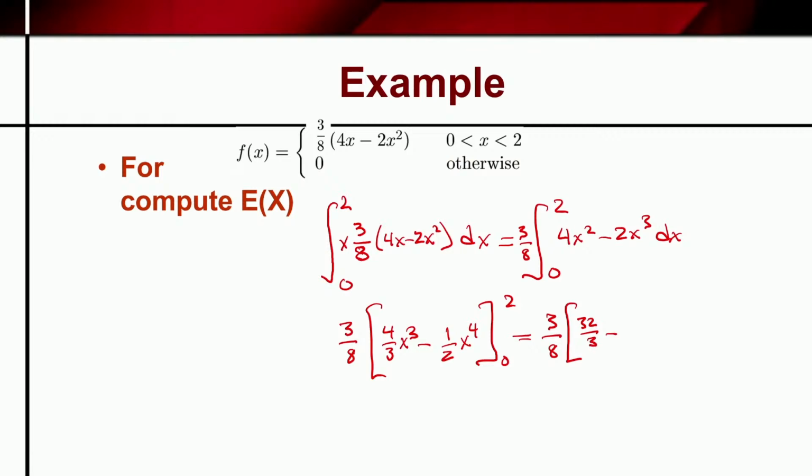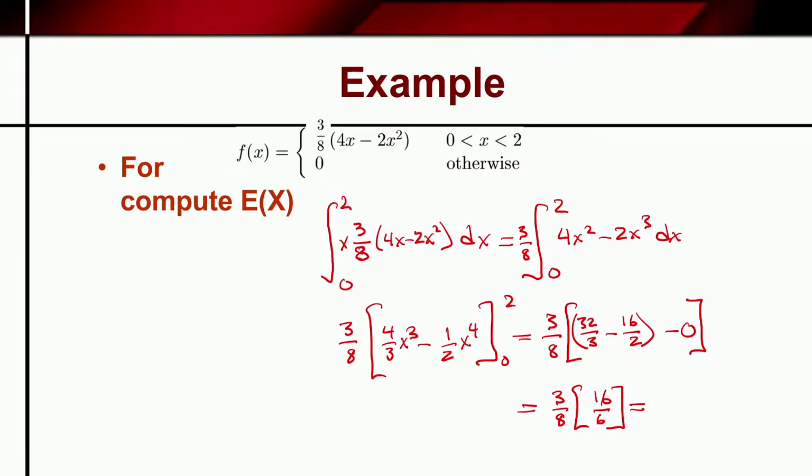Then x to the 4th, that's 16. And the lower limit happens to be 0. So 32/3 minus 16/2, that's 64 minus 48, 16. So 16/6. So 3/8 times 16/6.